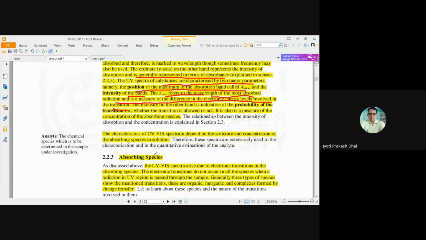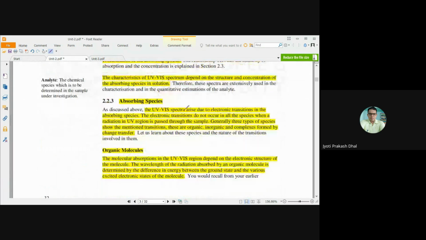Now, the characteristics of the UV visible spectrum depend on the structure and the concentration of the absorbing species in the solution. First, we will discuss what is an absorbing species. The UV visible spectra arise due to electronic transition in the absorbing species. The electronic transition does not occur in all species.